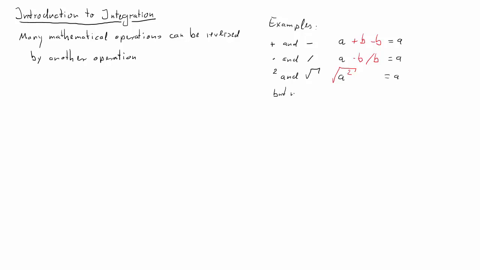Now it turns out that isn't always true. Because, for instance, let's use negative 2 as the value for a, and then we square that and take the square root. And if we do that, we actually figure out that this is 2, and this is of course not equal to negative 2. So in some operations we're losing some information, so to say.